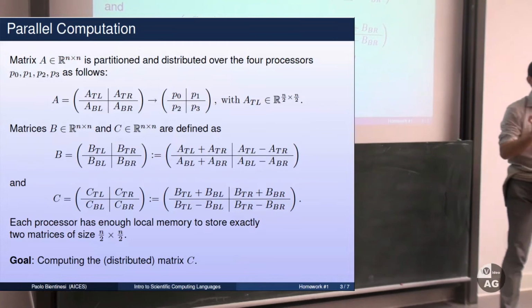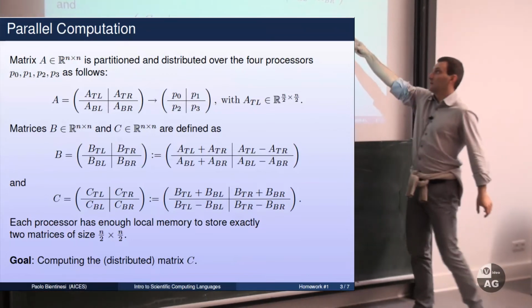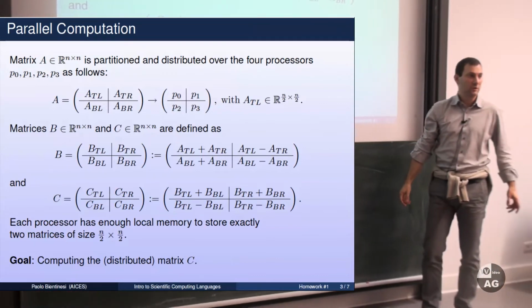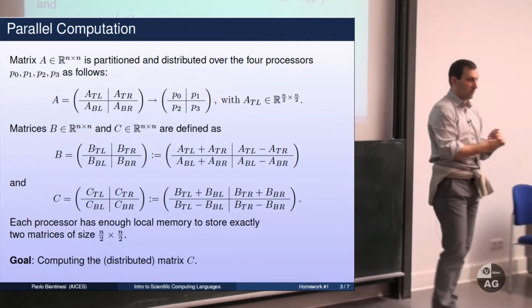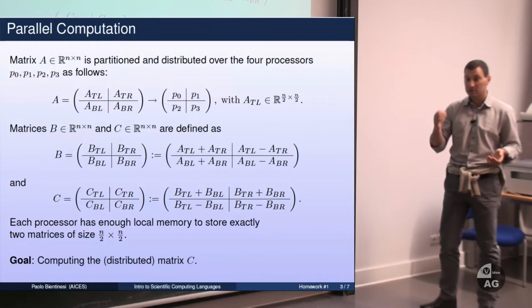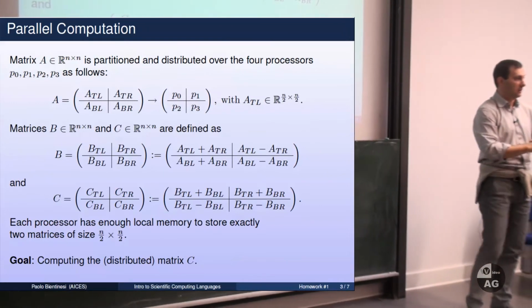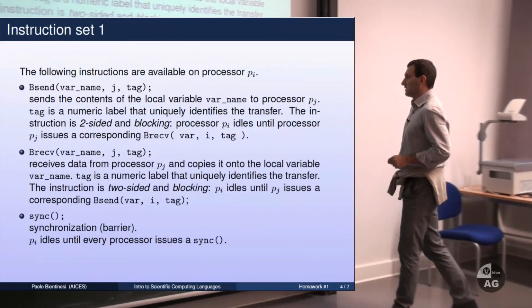So these 2 processors, they better communicate, they better exchange some data, otherwise A top left plus A top right is not going to happen. Do you agree with me? Yeah. So maybe we should talk about how these processors can communicate, what kind of instructions they are allowed to execute. And that's the next slide.